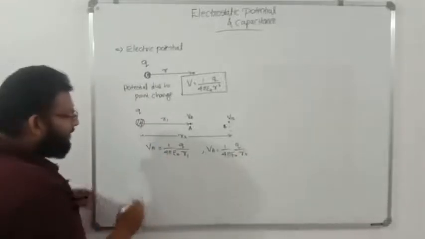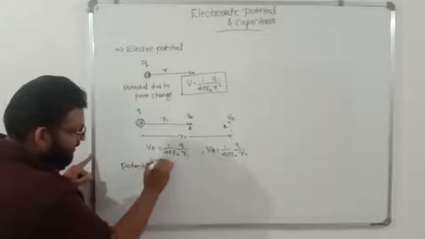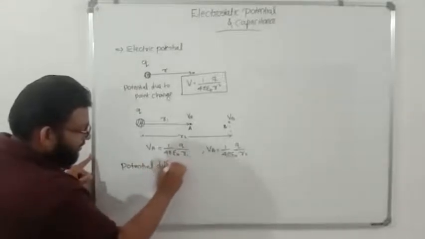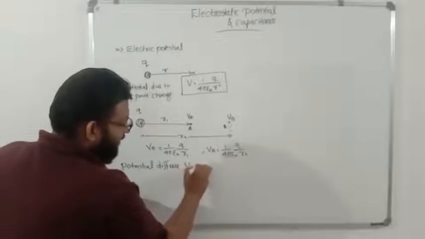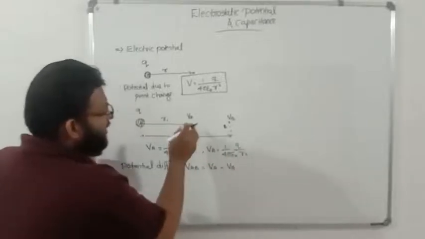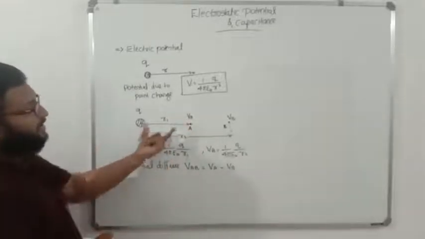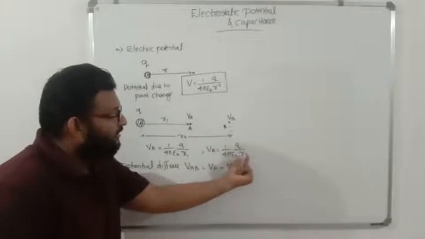Now we have to find the potential difference VAB. We can write down VA minus VB because VA is the higher potential. The distance r1 is less than r2.